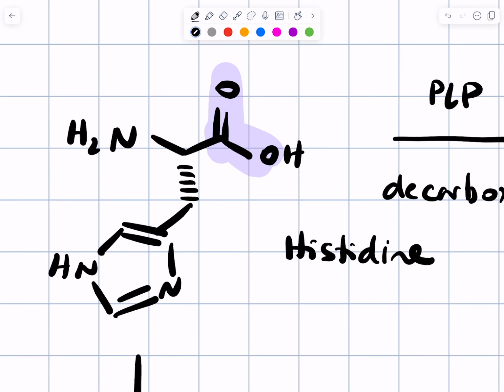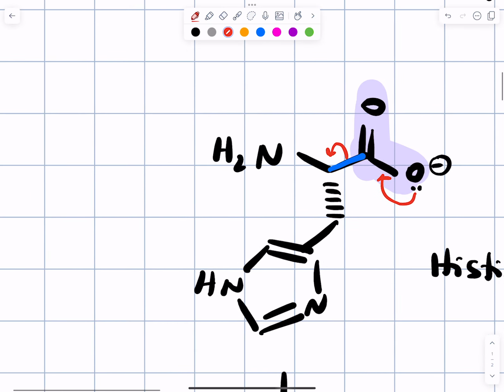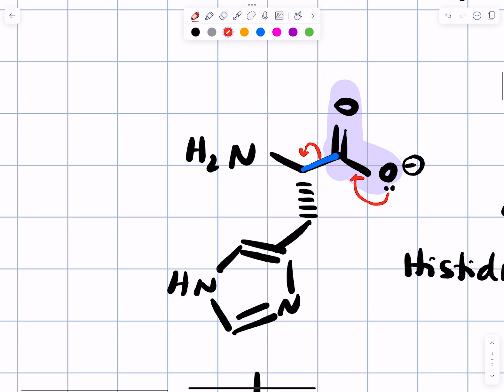And looking by that same analogy, you can tell that this is not going to happen on its own without help, because if we did the decarboxylation, if we made the conjugate base of this acid, and if electrons kicked down and then left, they would just be left on that carbon, not resonance stabilized.